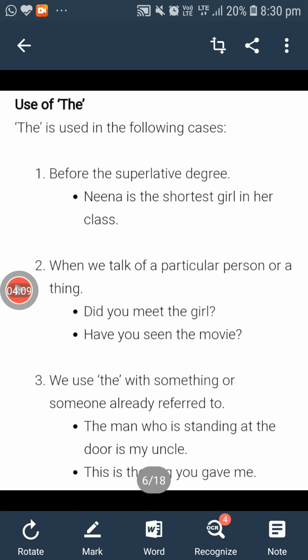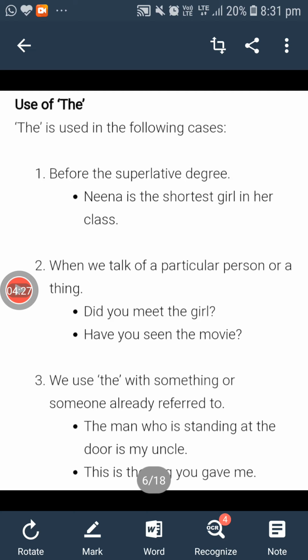So you can see on the screen that the is used before the superlative degree. Then we also use the when we talk of a particular person or thing. We use the with something or someone already referred to, like the man who is standing at the door is my uncle. This is the gift I gave to you. Okay, so I hope it's clear to you.